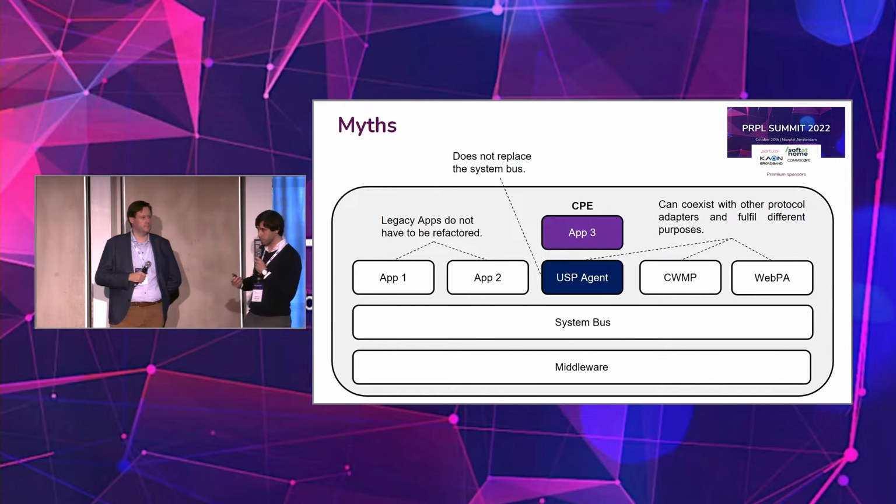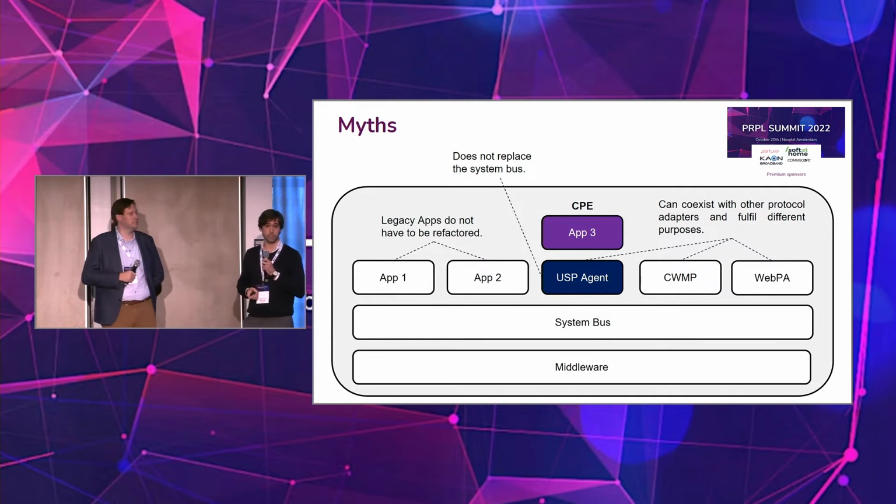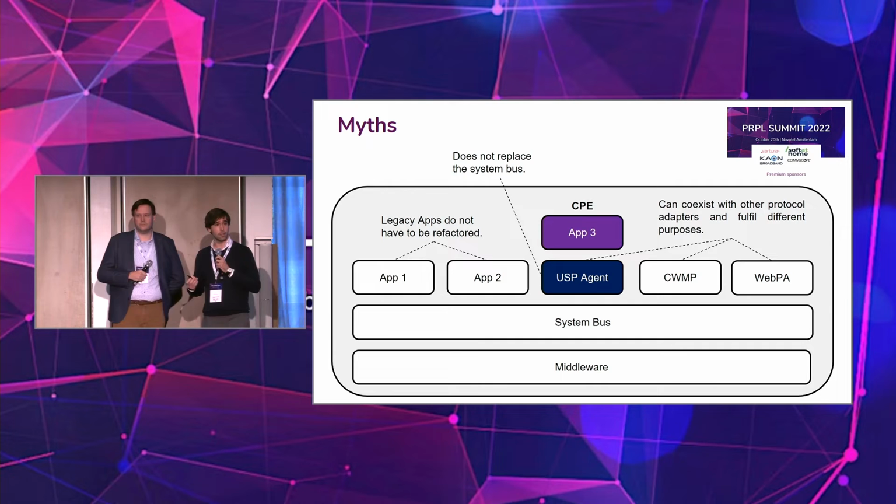In fact, Broadband Forum has already foreseen some of these use cases where one might use TR-069 for provisioning and basic management, and you could just use USP for services. They have TR-181 in common, so there's a lot that can be reused, and at the end of the day, it's your decision to decide which building blocks you want to use. And again, we are not trying to push for specific directions.